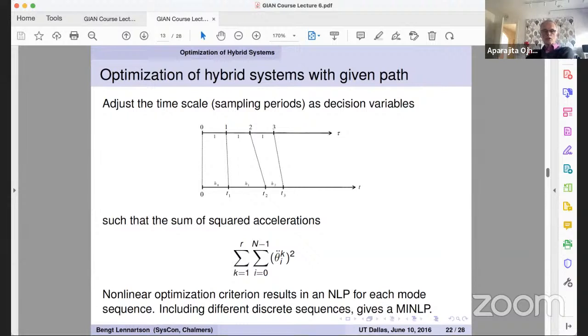What we did was that we solved this NLP problem, and that meant that we got the modified sampling periods as the result. And then we simply could download that back to the robot and ask it to generate a modified trajectory.